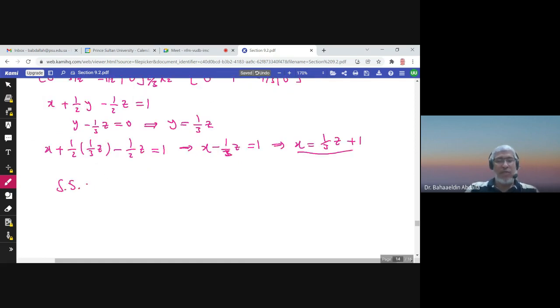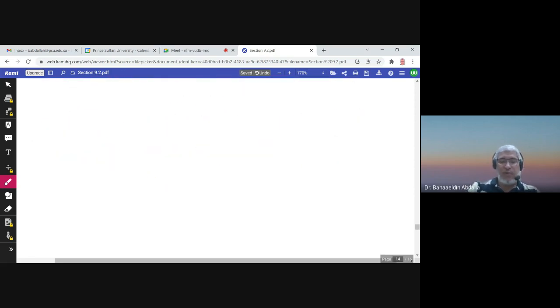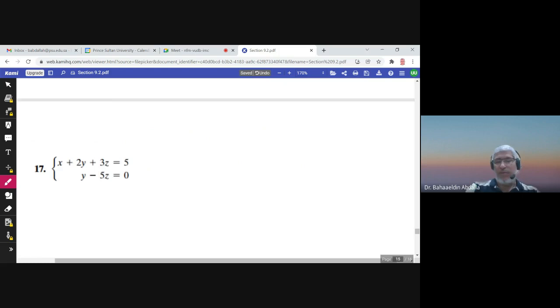And the solution set would consist of all the ordered triples in the form 1 over 3z plus 1. And what is y? 1 over 3z, and z is z for any real number z, or z could be any real number.